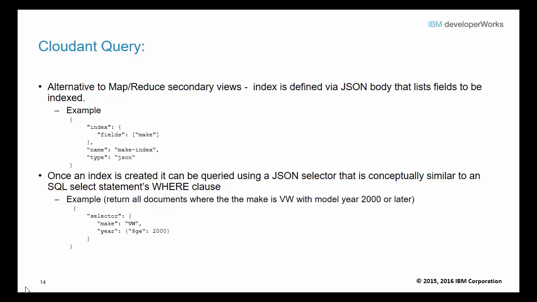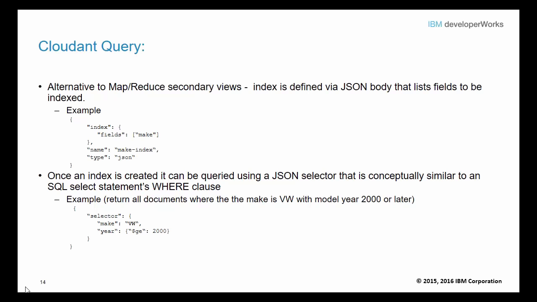Here's an example of an index on the make field in our cars database. So as part of the index definition, we list the field. In this case, again, it's make. We give the index a name, which is called a make index, and we indicate which type it is. In this case, it's type JSON. And in the next slide, we'll talk about the different types of indexes available to support Cloudant Query.